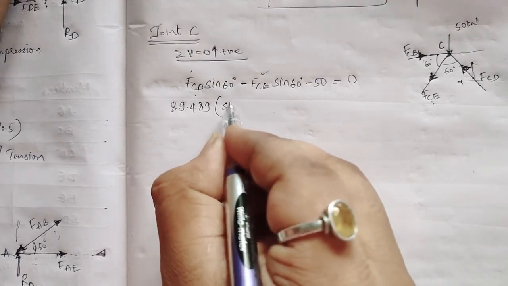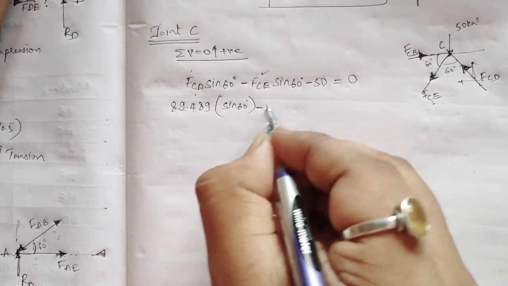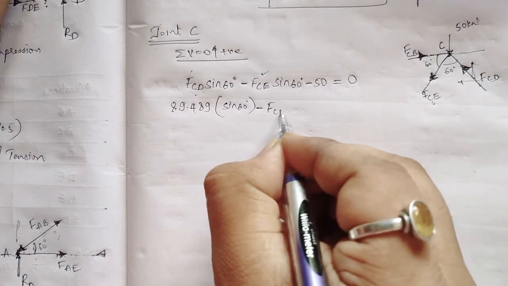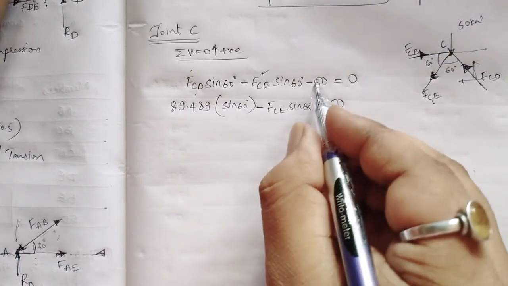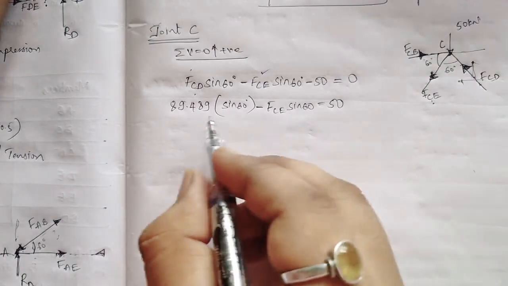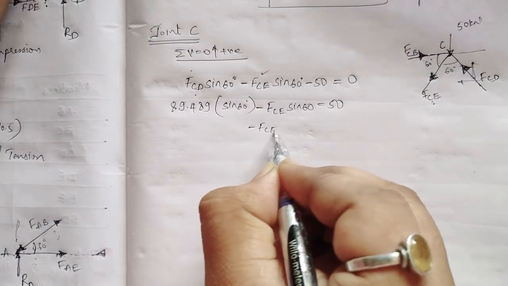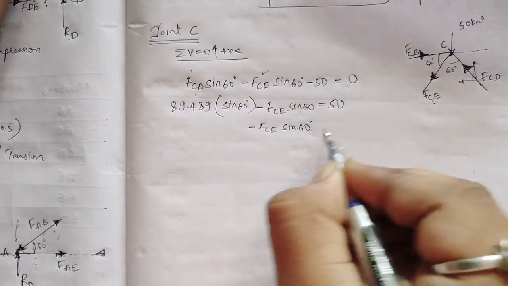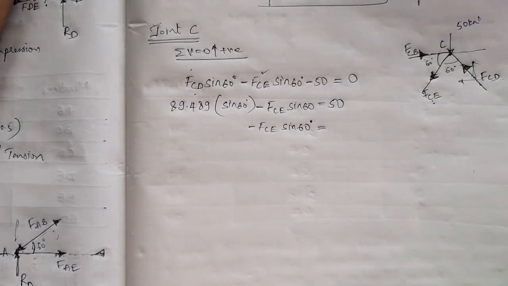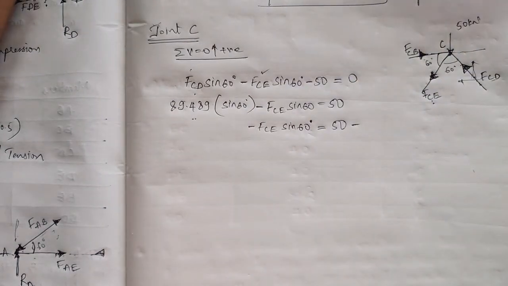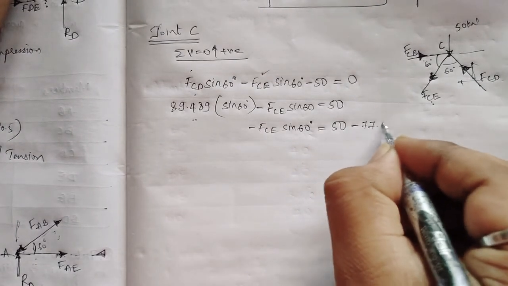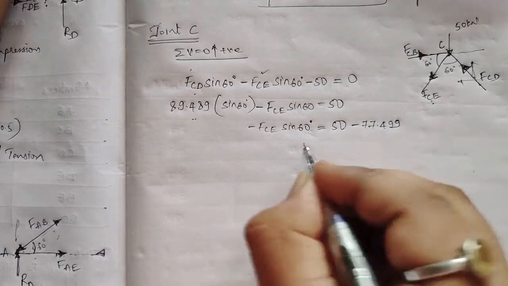Sine 60 times FCE is equal to 50 minus 89.489 into sine 60, which is 77.499.